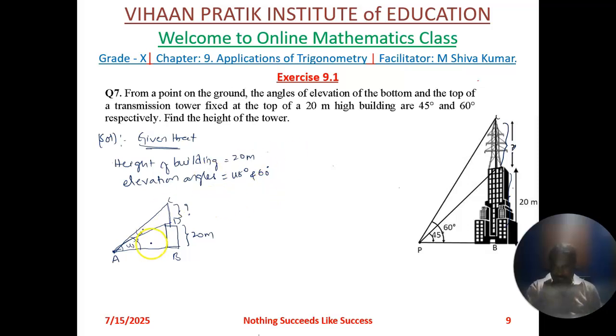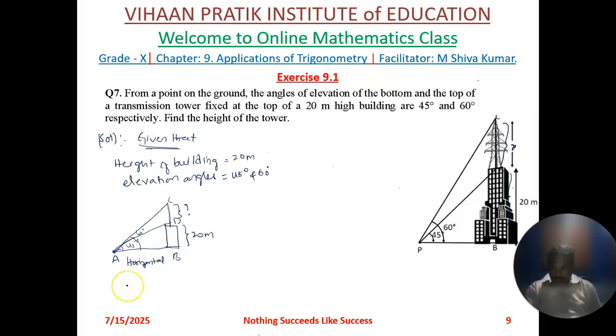The horizontal distance AB is not given, so we cannot find the whole triangle. It is not possible to find the triangle.